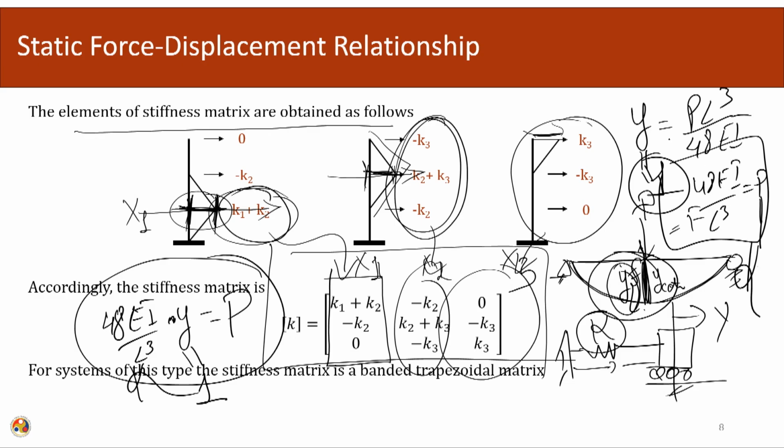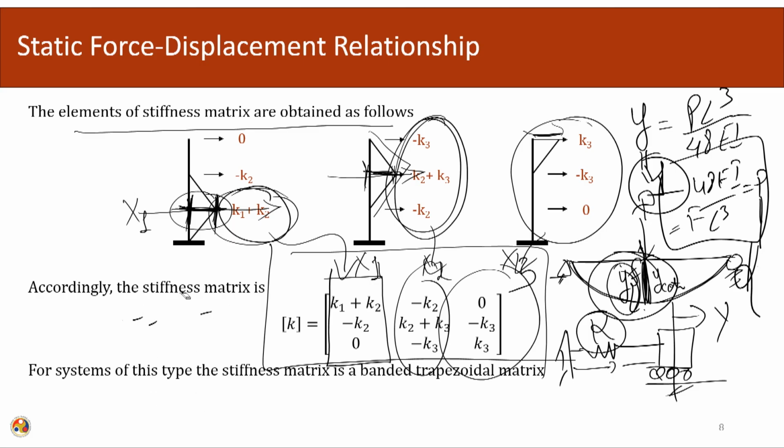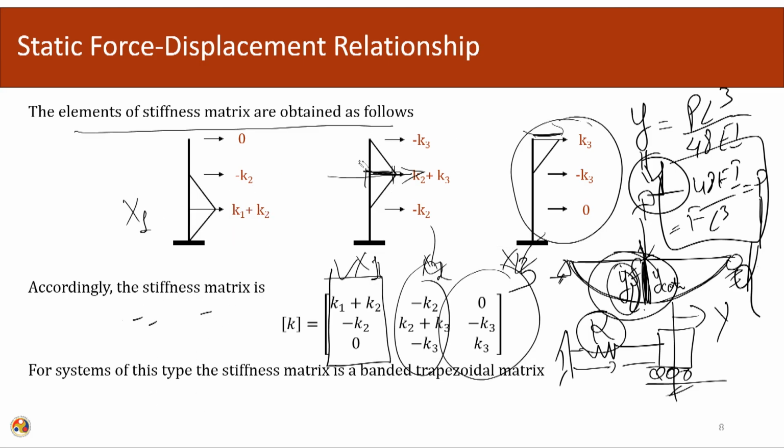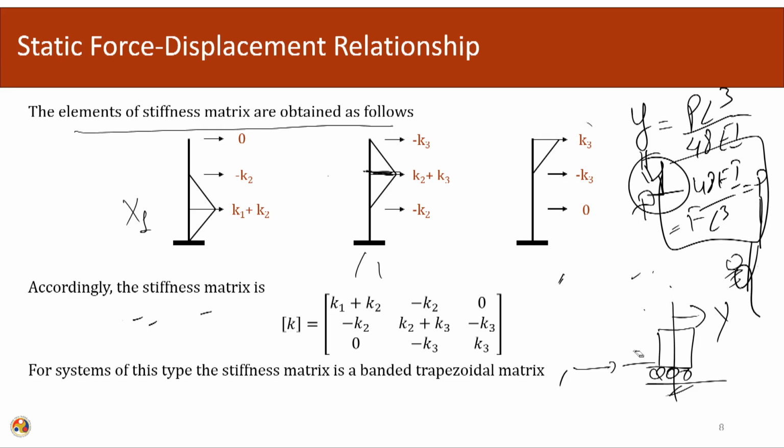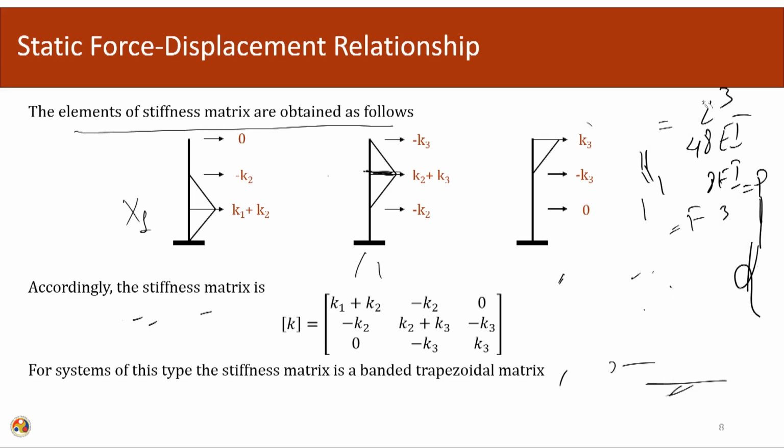Similarly, the same thing we are doing out here. In order to calculate the stiffness matrix, we give a unit displacement at the chosen degrees of freedom. So, we have defined the degrees of freedom x1, x2 and x3.